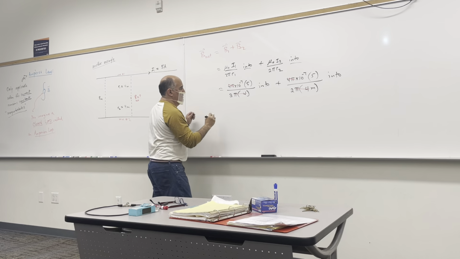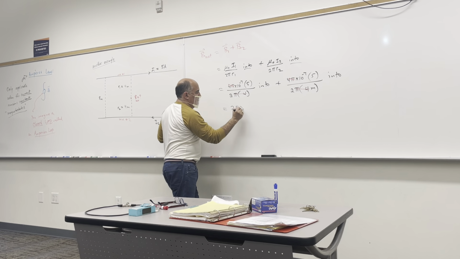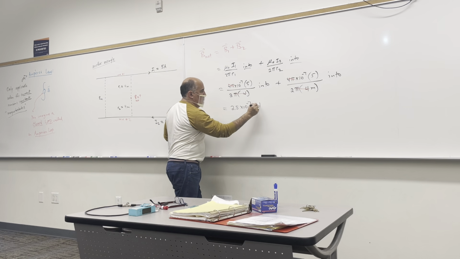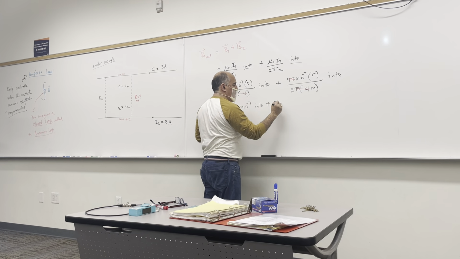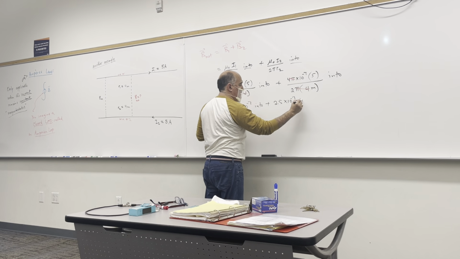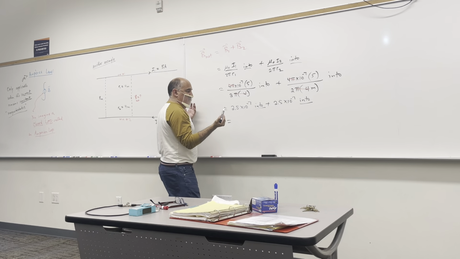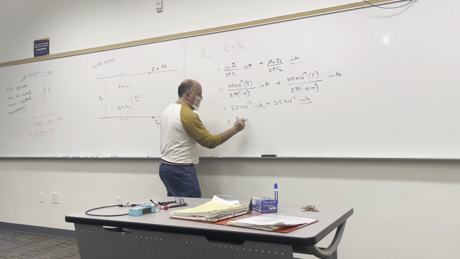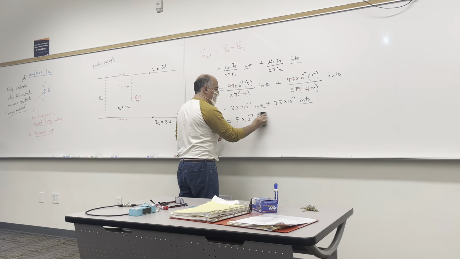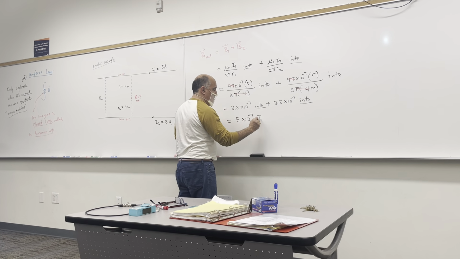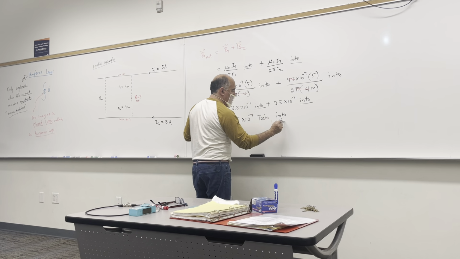So we have 5 divided by 2, which is 2.5 times 10 to the minus 7 into the board, plus 5 divided by 2, which is 2.5 times 10 to the minus 7 into the board. How do you add two vectors that point in the same direction? This would be 5 times 10 to the minus 7. Sorry, what are the units of magnetic field? Tesla, into the board.